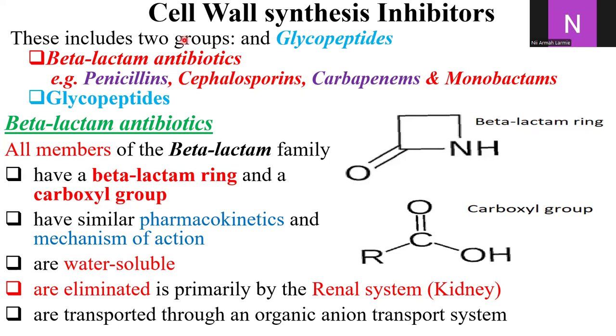Because of the carboxyl or sulfonyl group, these molecules are water soluble and polar in nature, and are eliminated or removed by the kidney or the renal system. Because they all share the beta-lactam ring and the carboxyl group, they also share similar pharmacokinetic properties and a similar mechanism of action.